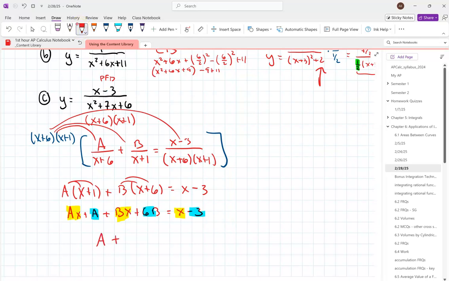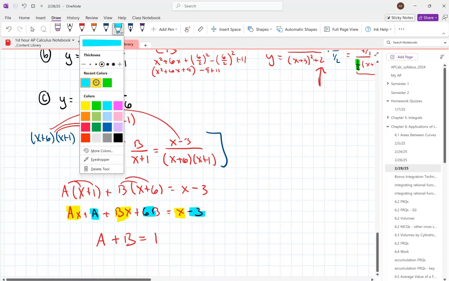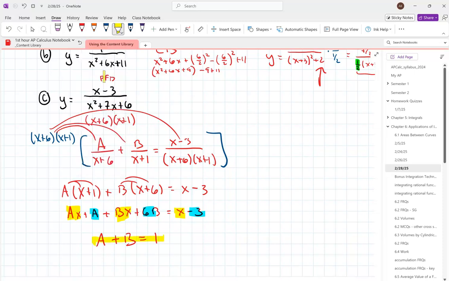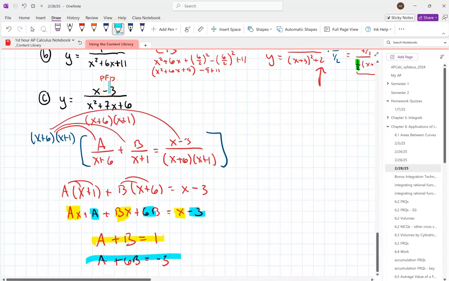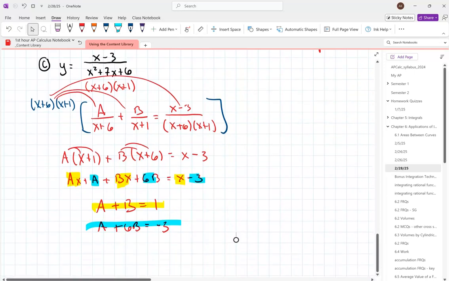So I can say A plus B has to give me 1, and A plus 6B has to give me negative 3. That's a system that I can solve, right?